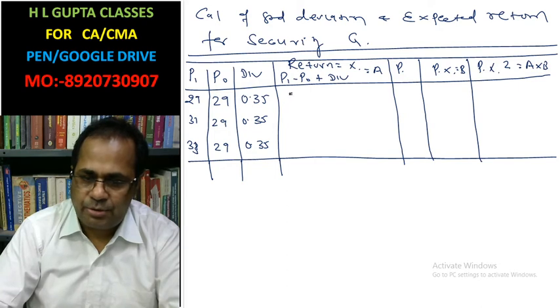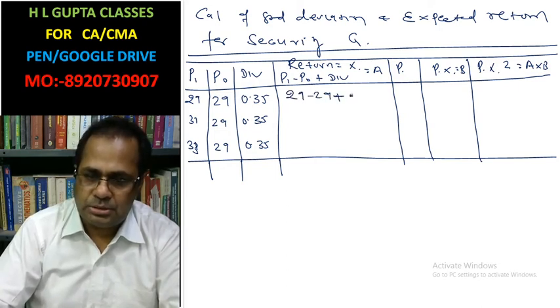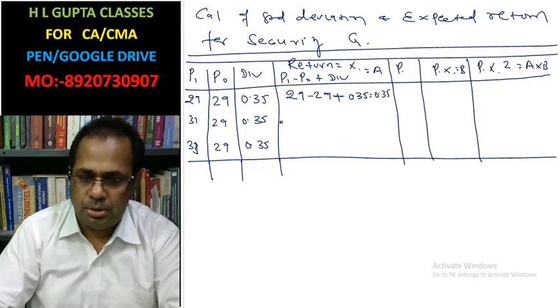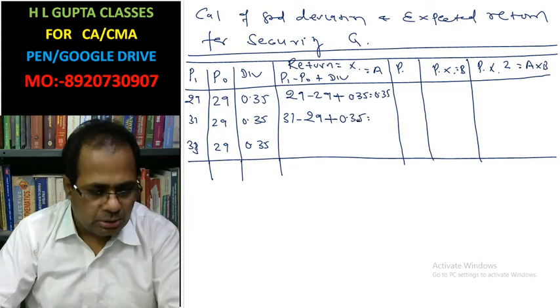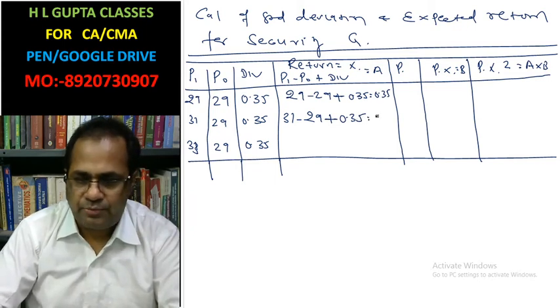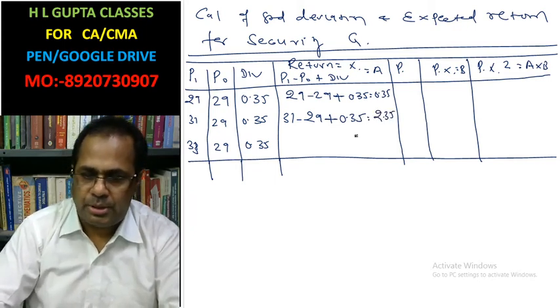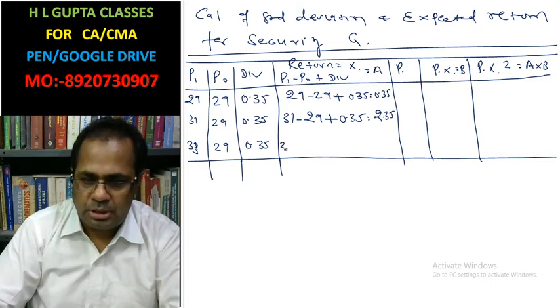In this case return is 29 minus 29 plus 0.35. This is 0.35. 31 minus 29 plus 0.35. This is your 2.35. 33 minus 29 plus 0.35.